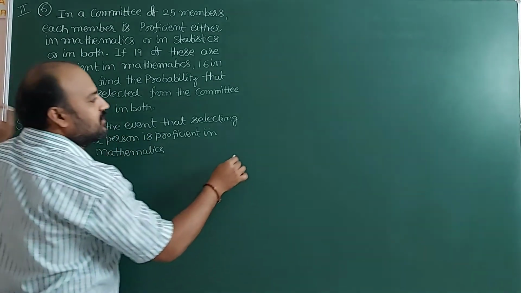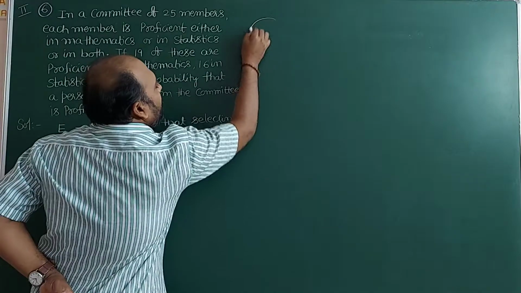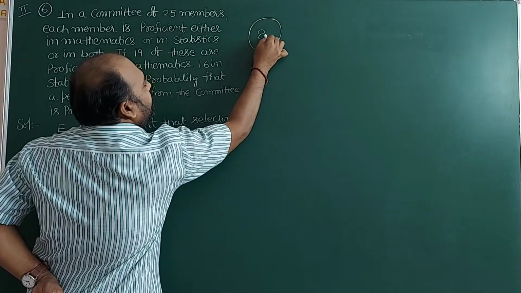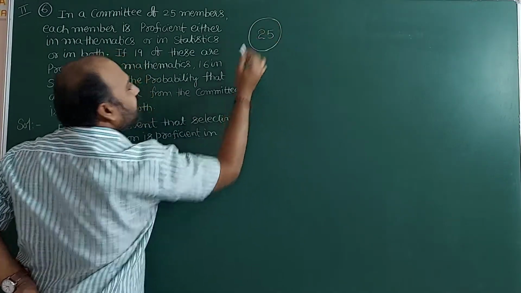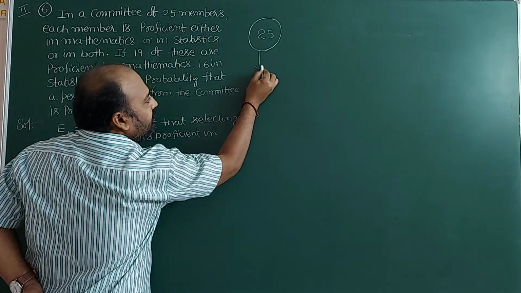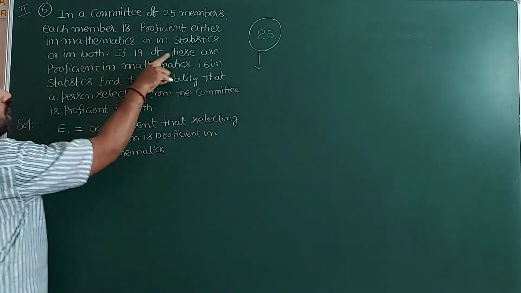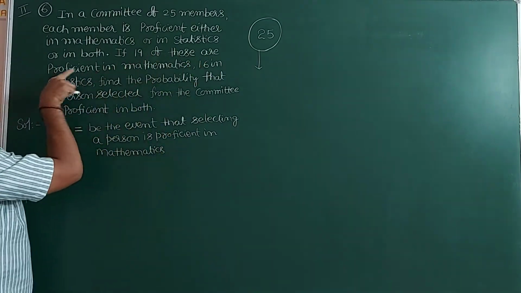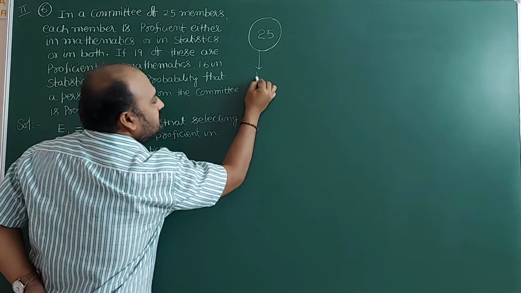So the total committee contains 25 members. Out of 25, 19 are proficient in mathematics.